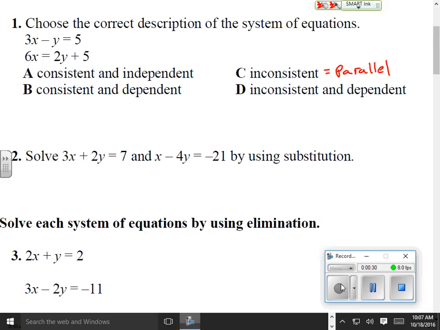If they are exactly the same equation, then it'll be consistent and dependent.